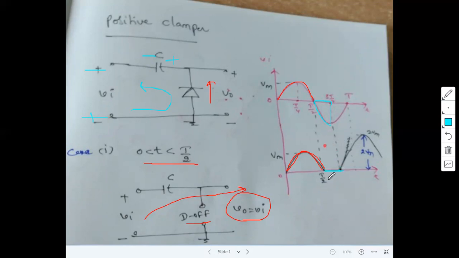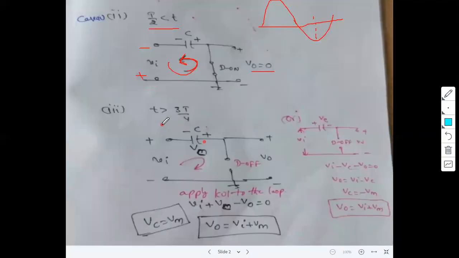The important observation is that when diode D is on, output is equal to 0 and the capacitor charges to the maximum input voltage. If the maximum input is Vm, the peak input voltage, the capacitor is charged to Vm during this quarter cycle only.